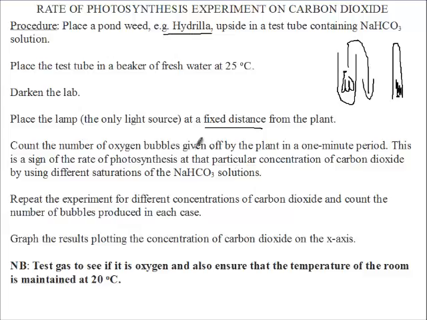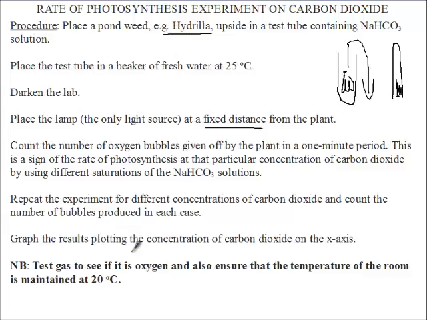So we are going to measure the number of oxygen bubbles produced in a 1 minute period. Now we are going to repeat the experiment for different concentrations of carbon dioxide and count the number of bubbles produced in each case. We use different concentrations of sodium hydrogen carbonate solution.